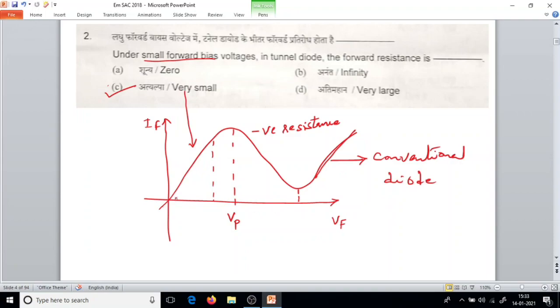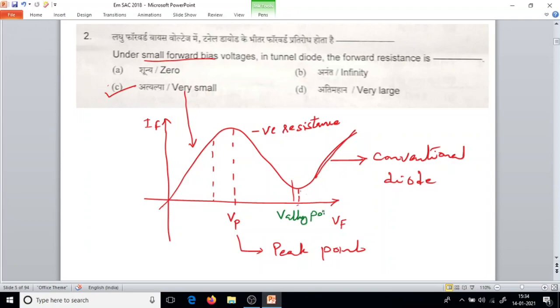That means it starts just like a normal diode, then the current reaches a peak value. That point is known as the peak point, Vp. And then it goes to this point here, this is the valley point.